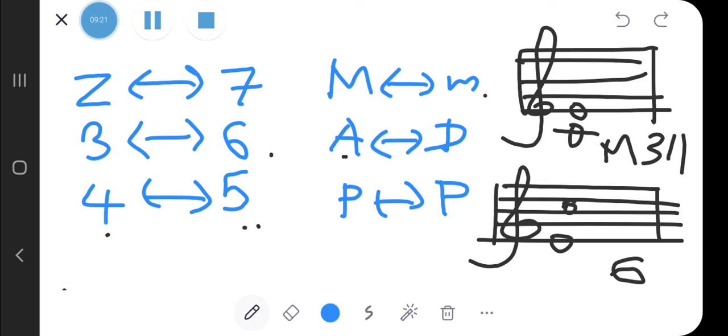So without counting, you can do this one. We'll do another one. After that, you have to do an exercise.